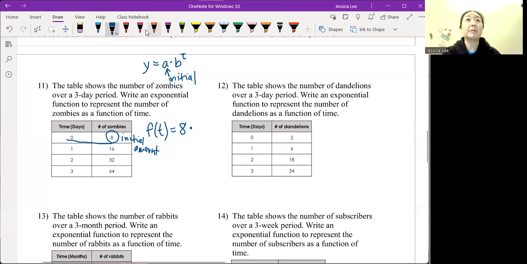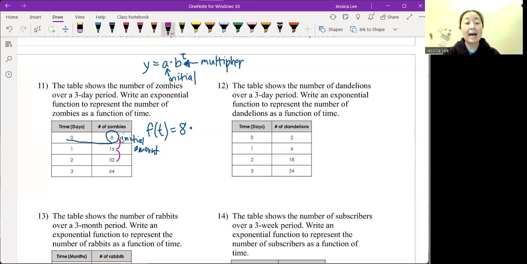So we start with 8 zombies, and then our b, let me highlight that here, is going to be our multiplier. The difference between exponentials and linear is that with linear, we add by the same amount. With this one, we're multiplying by the same amount. That's why we call it the multiplier. If you notice right here, how do you get from 8 to 16, and then from 16 to 32?